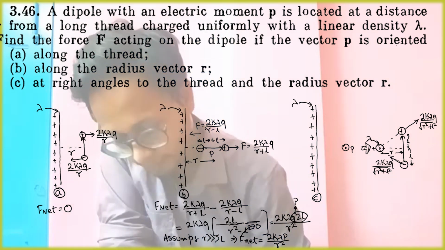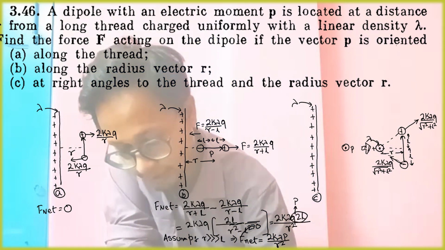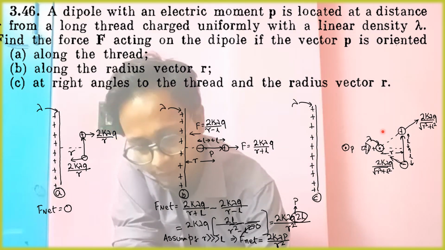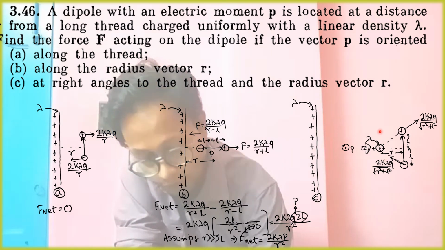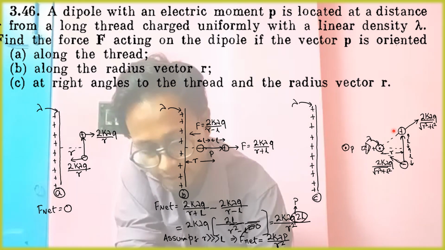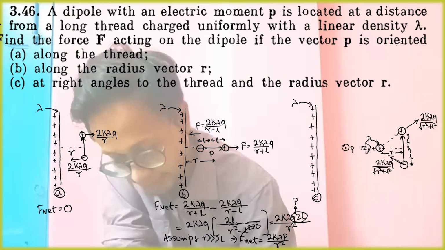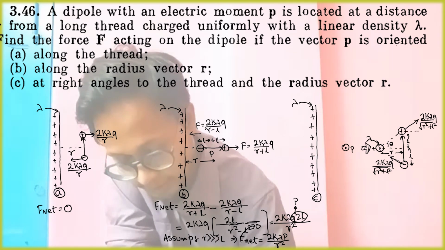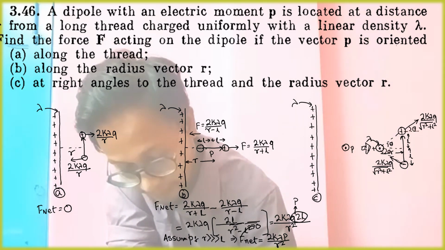Now if you observe something out here, the magnitude of this force and the magnitude of this force are the same. If I take this angle as theta, this angle would also be theta, and by symmetry this angle is also theta.